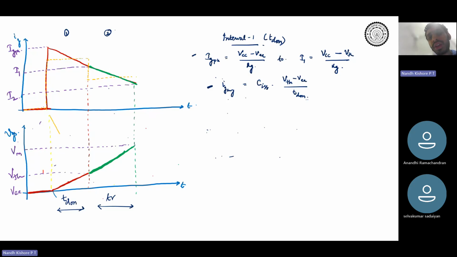So what you can do is find out the average between IG peak and I1 and then equate it with IG average. Are you understanding what I'm telling? Is this fine? Find out the average between IG peak to I1, right? That indicates the average gate current during that interval, and then you can equate it with C dV by dt.